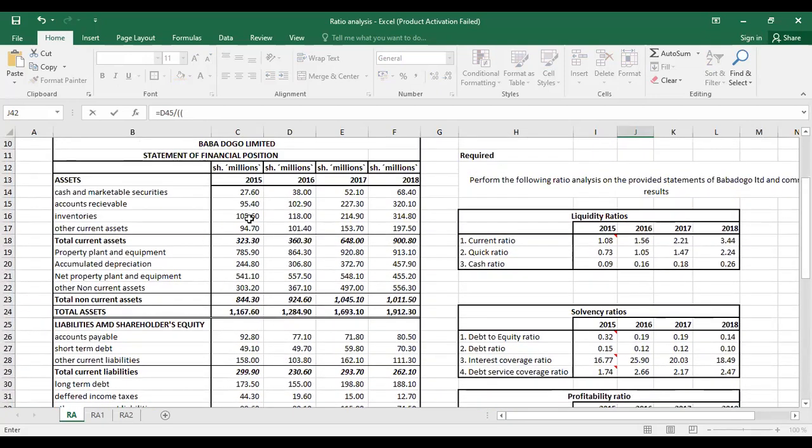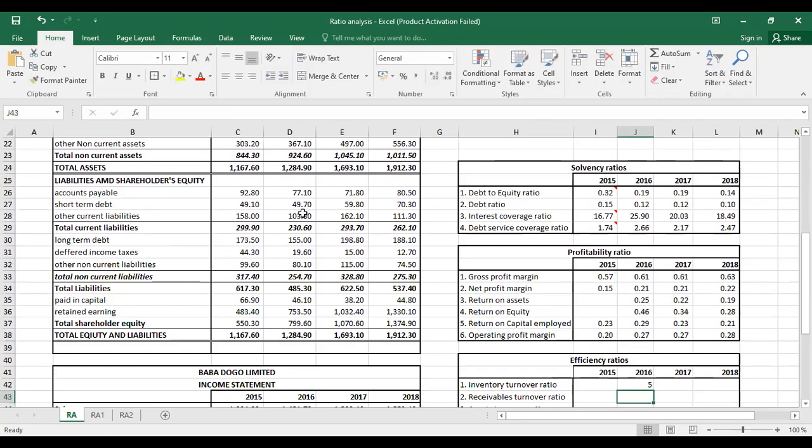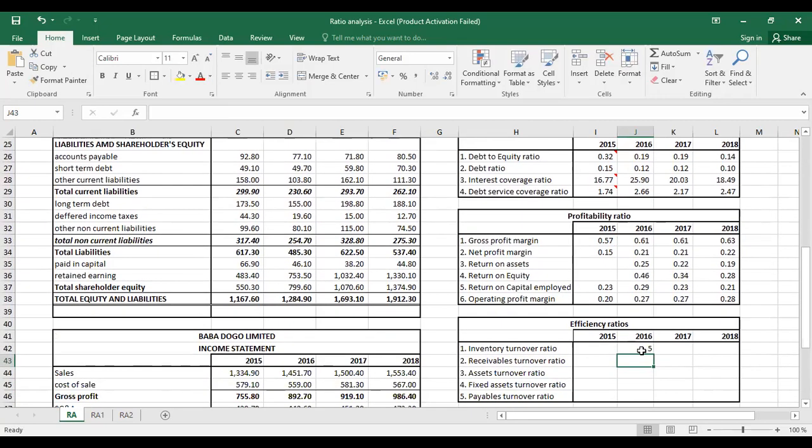You'll take the inventory of 2015 plus the inventory of 2016. You close the first bracket, divide by 2, then you close the second bracket. You can see that it is 5 there.